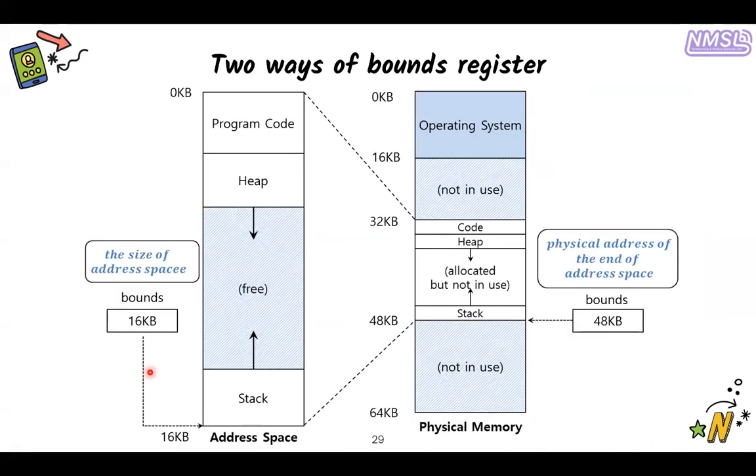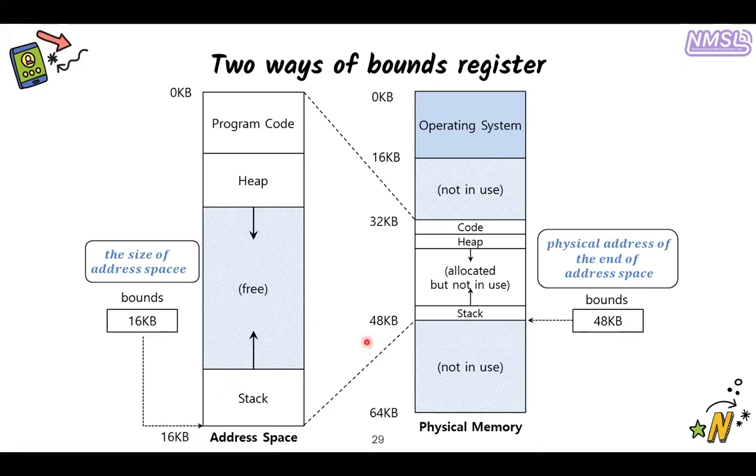Now, in terms of bounds register, there are two different ways to actually write it. One could say, the size of this process address space is 16K.